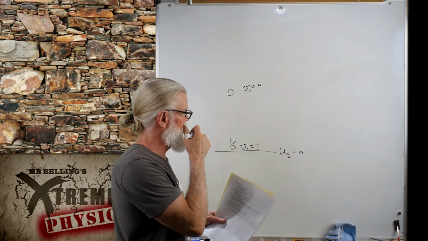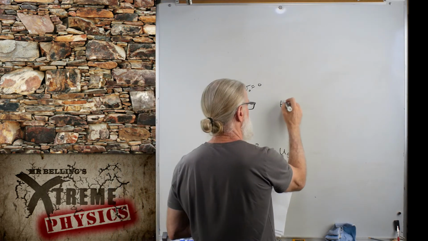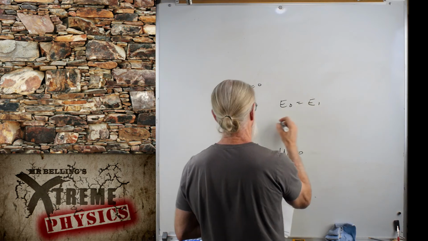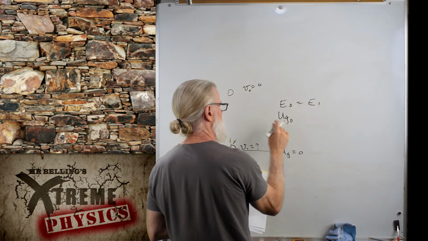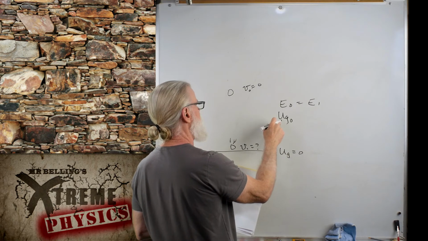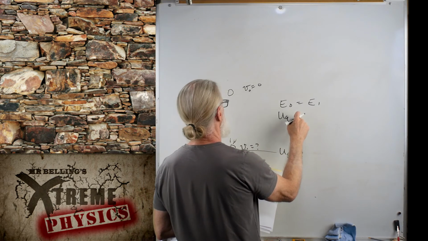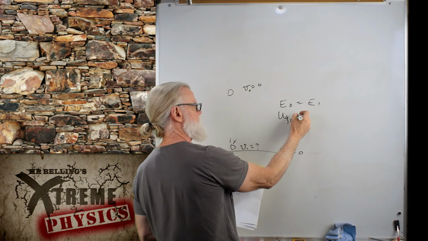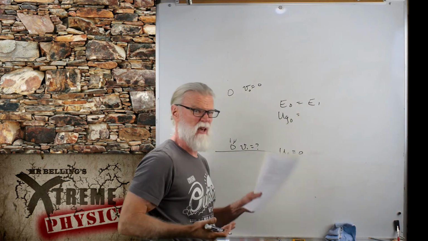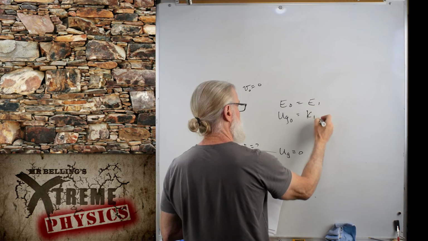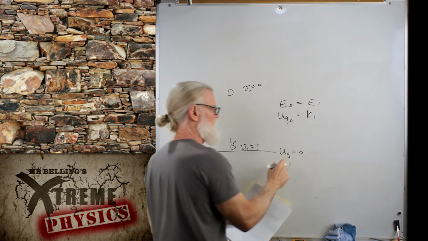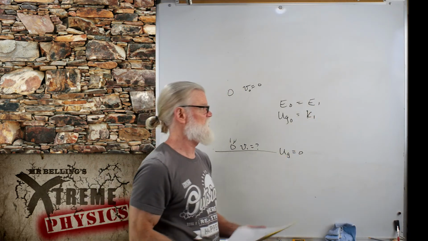We'd use conservation of energy. The energy at 0 equals the energy at 1. Up top, we had gravitational potential energy and no kinetic energy because it started from rest. That equals the kinetic energy at 1, and no gravitational potential energy because I said it was 0 there.